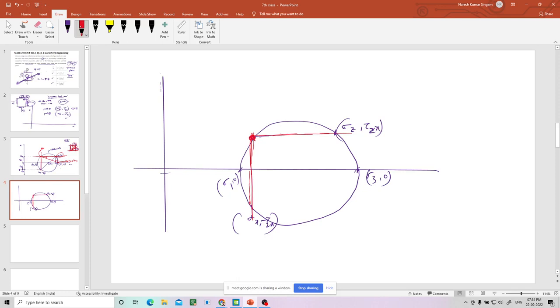So now what do we do? We will join, sorry, this is sigma 1, let me correct, this is sigma 3. We are joining these two points so that I will get two planes. One is the horizontal plane and another one is the major principal plane. To find out this angle, I can extend this.